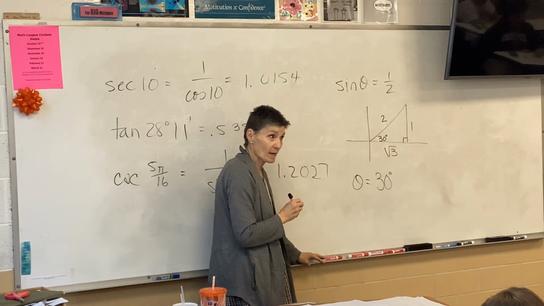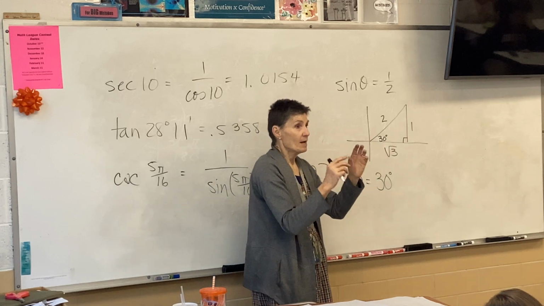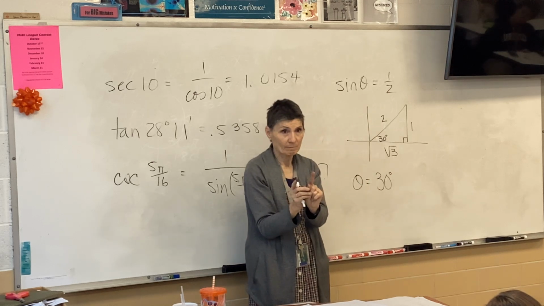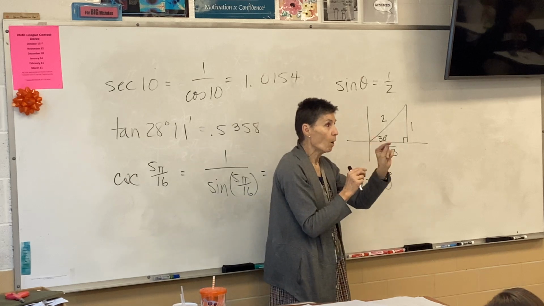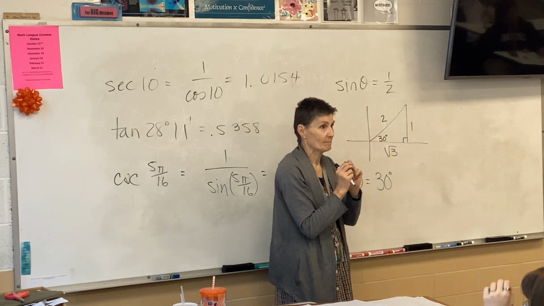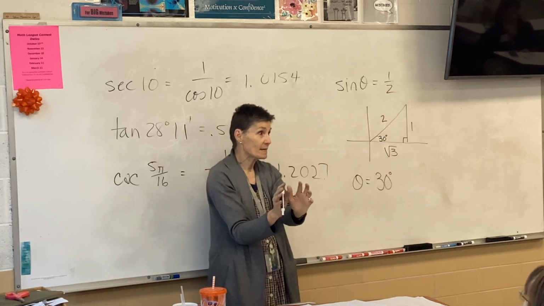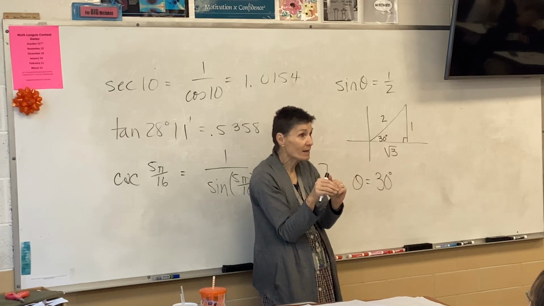Now we gotta change that into radians. So let's be logical about this. Pi, a whole pi, is 180. 30 is what fraction of 180? 1/6. So if pi is 180, then 30 must be 1/6 of pi.